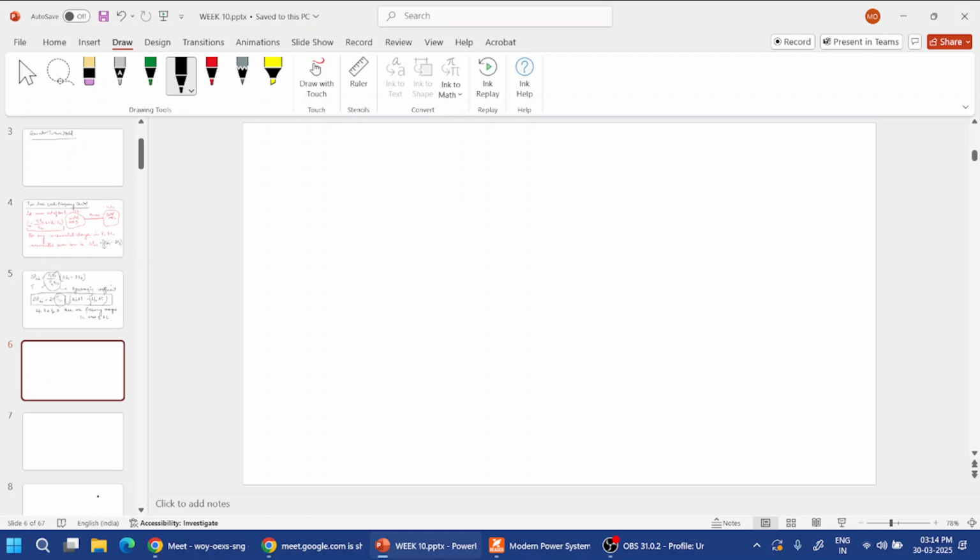We also know, as discussed last time, that del Pg minus del Pd is equal to 2H over f times d by dt of del f plus B per unit times del f.